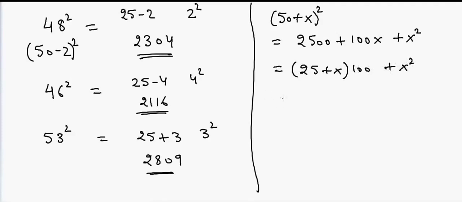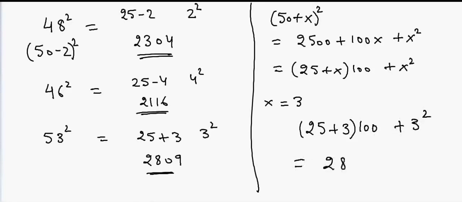So if x is equal to 3, then I'm adding 25 plus 3, and then I'm adding 3 square. So the answer is equal to 2809. This is how this trick works.